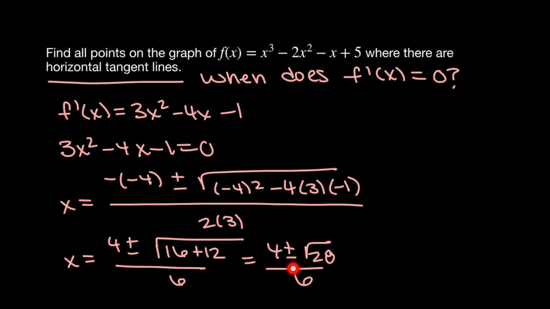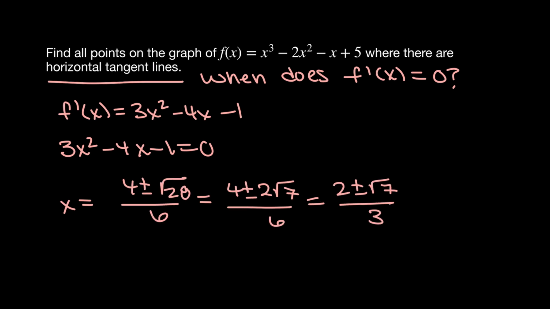So this is going to be 4 plus or minus root 28 over 6. And I think we can simplify that because 28 is 4 times 7. The square root of 4 is 2, so root 28 becomes 2 root 7. And then I do have a common factor of 2 in all of my terms.